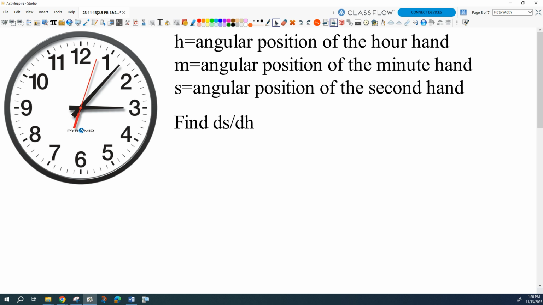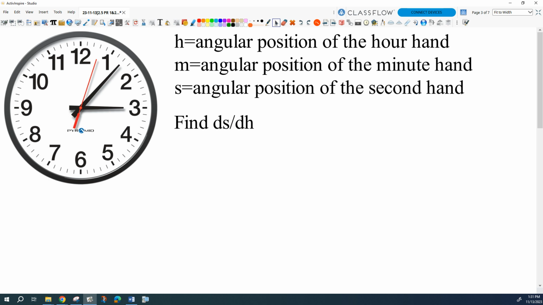First of all, what does that mean? How would we say that is a rate? No, you're on the right track. It's the rate of change of the angular position of the second hand.